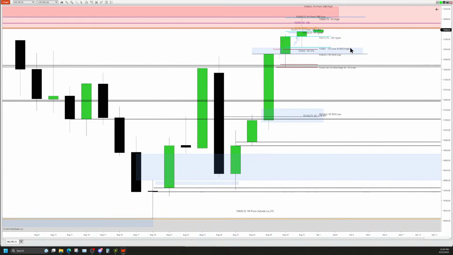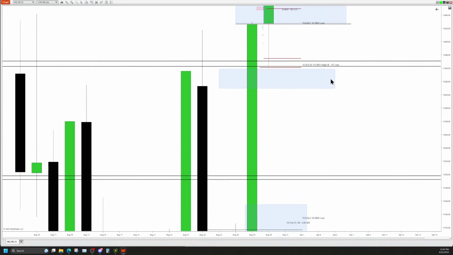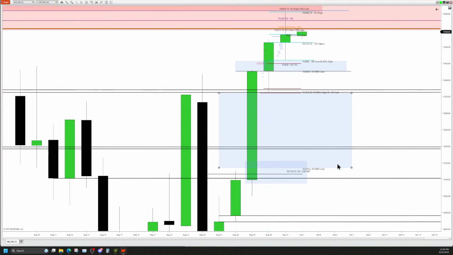Yep, and then we have the larger BISI that's down here. Now I will keep this here. I will mark it just so that we have it, just in case there's a massive, super big drop down. I'll keep it here.